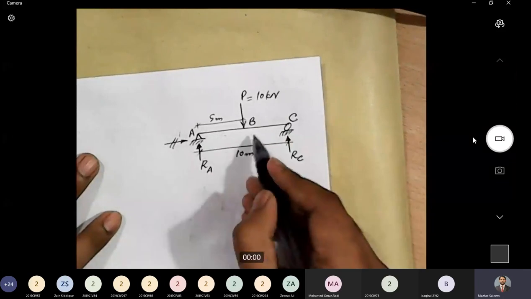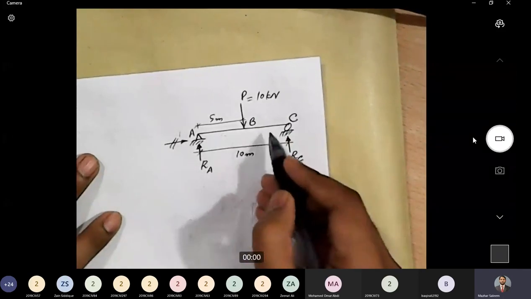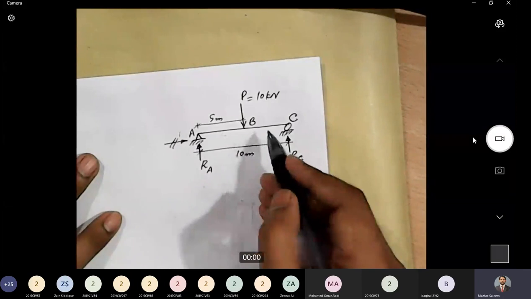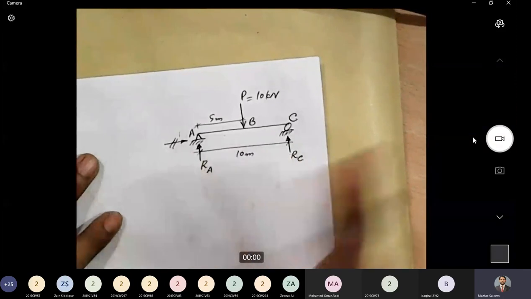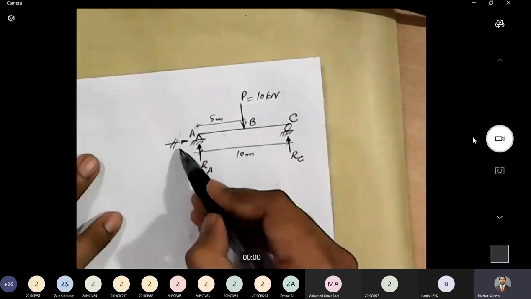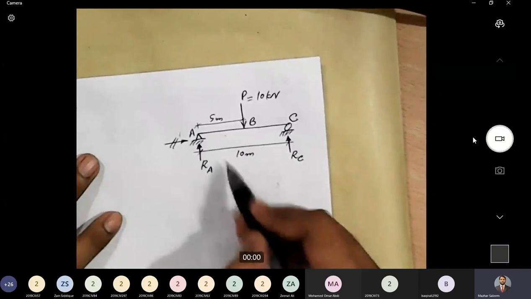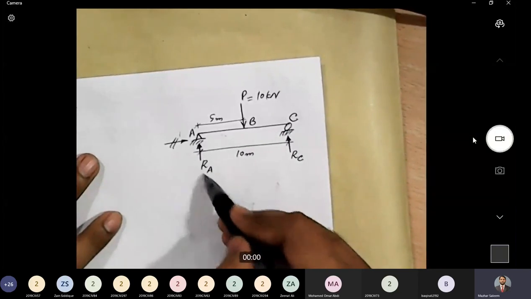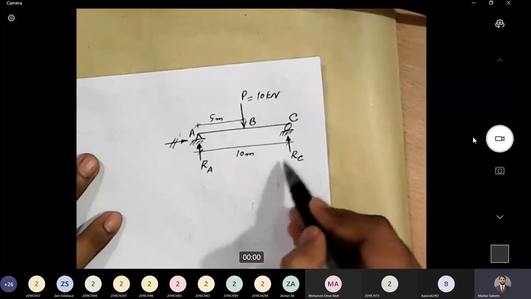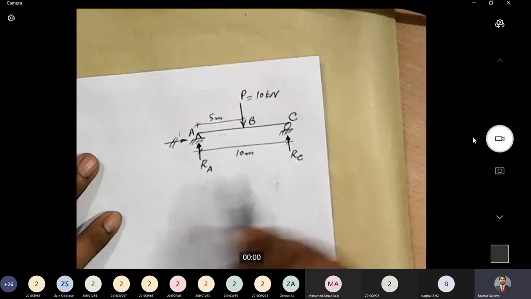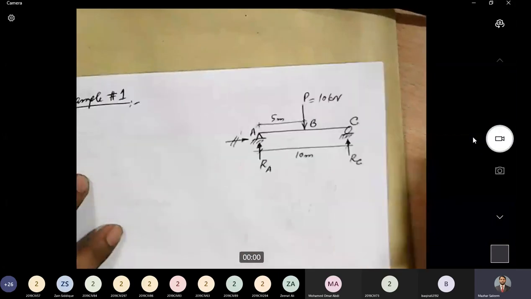In the horizontal direction there is no action, so no reaction. Only two reactions will be generated: a vertical reaction at support A and a vertical reaction at support C.